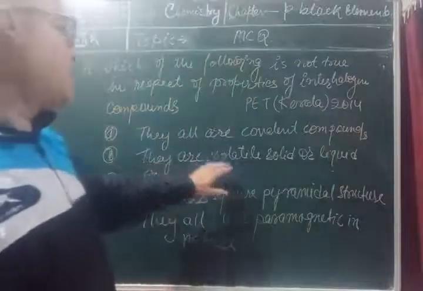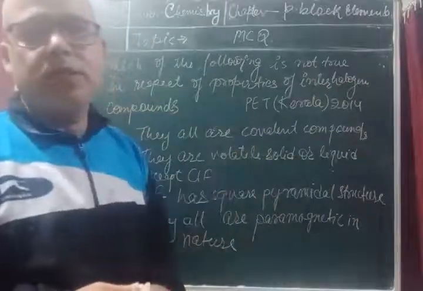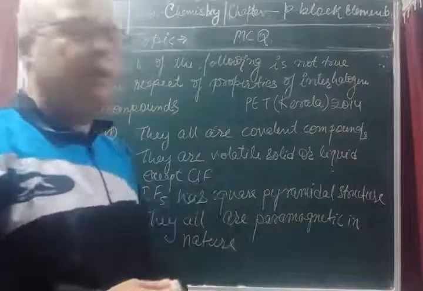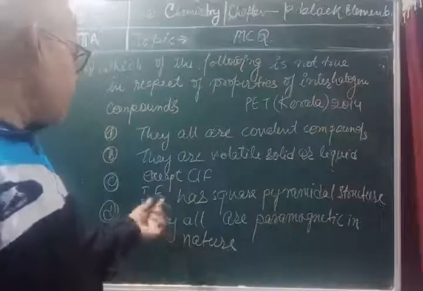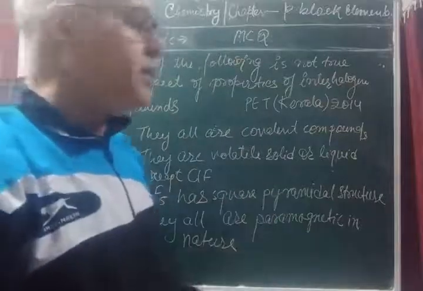Next is: they are all volatile solids or liquids. This one is also right, except ClF. Next, IF5 has a square pyramidal structure.